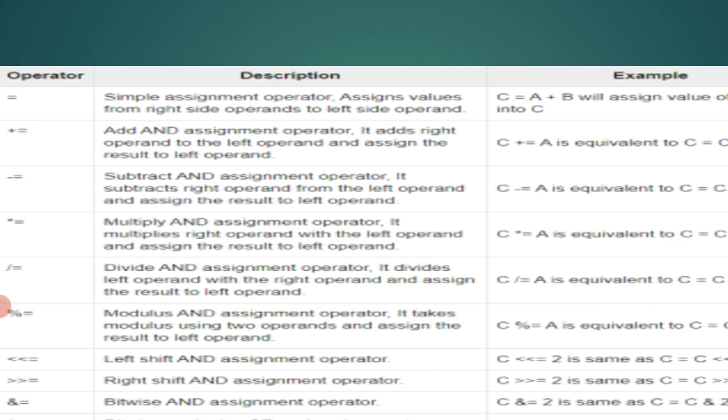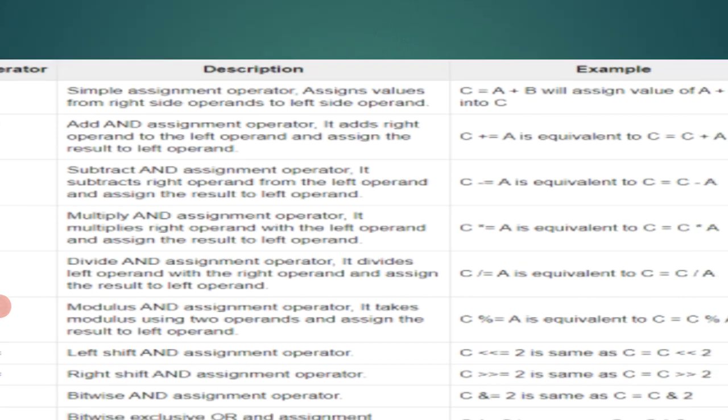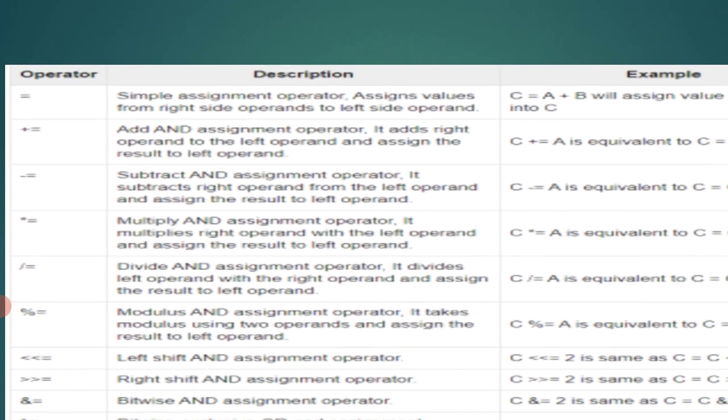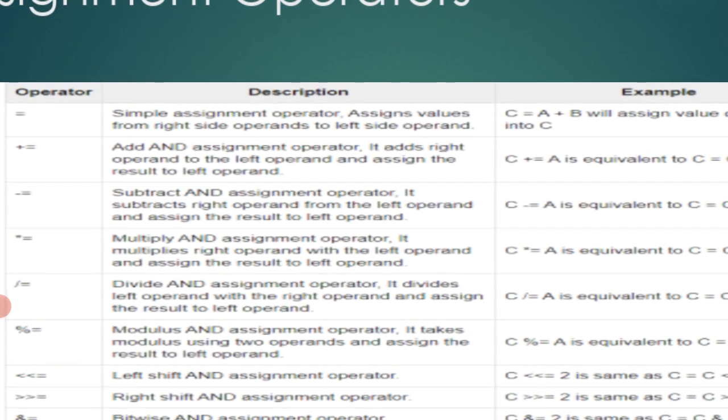It adds the right operand to the left operand and assigns the result to the left operand. So look at this expression. If we want to add the value of a, we will add the value of a with c, and the result will be transferred back to the c variable.